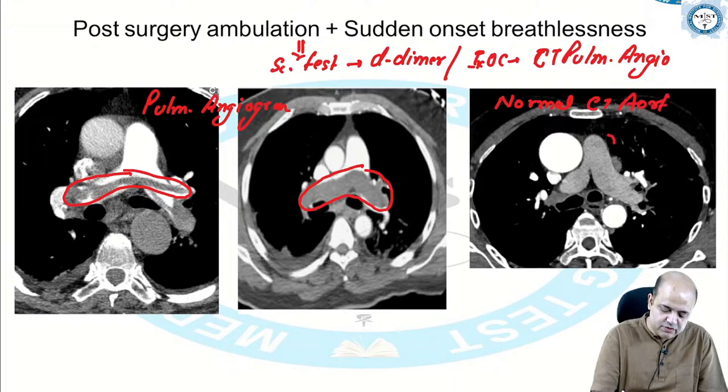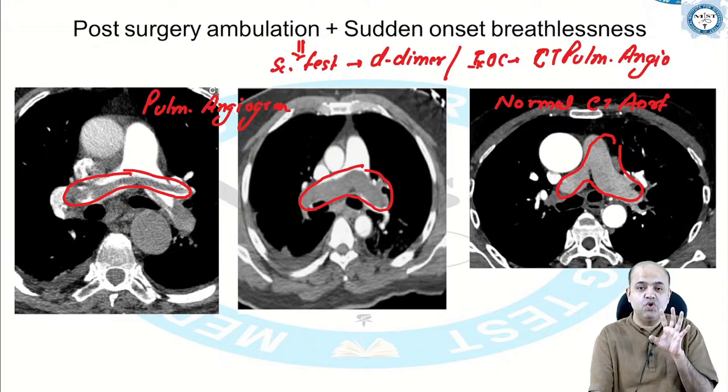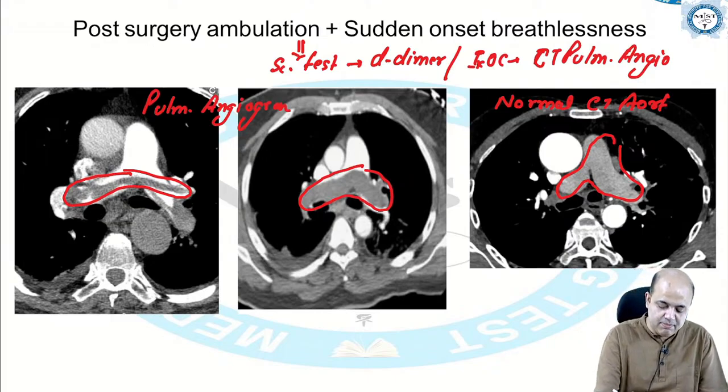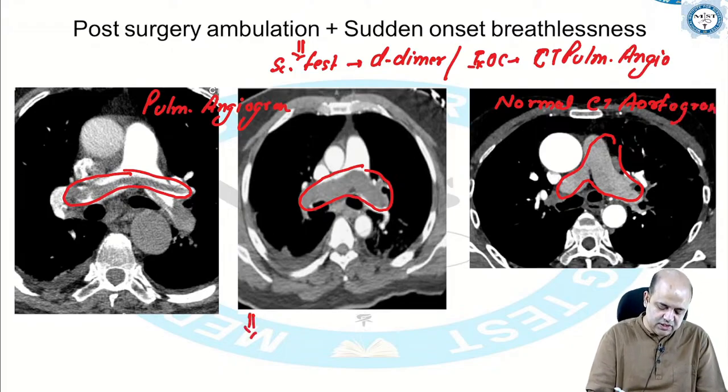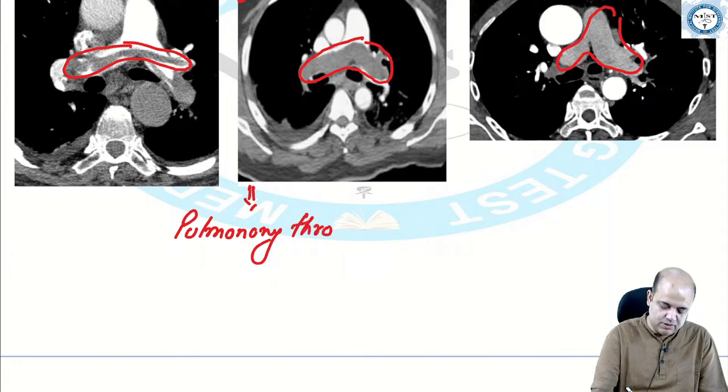Don't confuse this with the abnormal pulmonary artery. This is the non-contrast filled normal pulmonary arteries. So what is the diagnosis? The diagnosis is pulmonary thromboembolism.